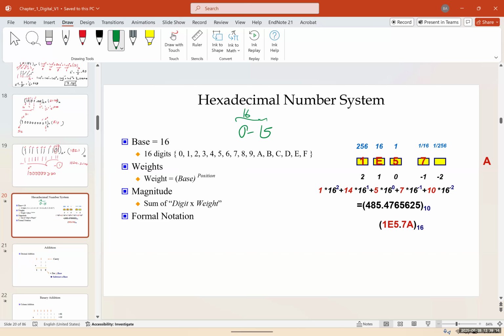We can show 0 to 9 with numbers, but we can't show 10, 11, 12, so we show them with letters. It's going to be 0, 1, 2, 3, 4, 5, 6, 7, 8, 9. Number 10 is shown with A. Number 11 is B. Number 12 is C. 13 is D. 14 is E. And 15 is F.